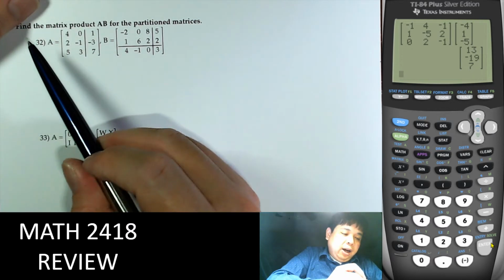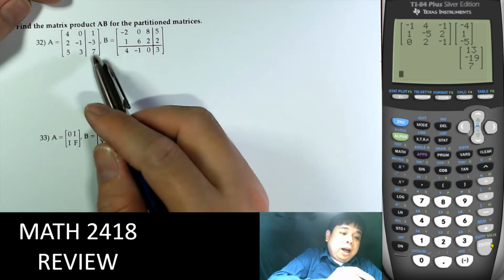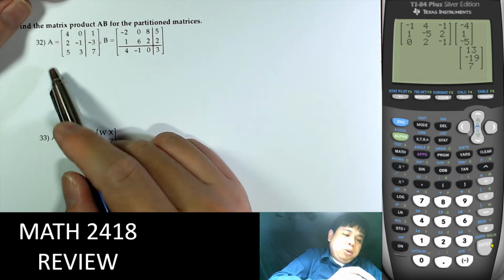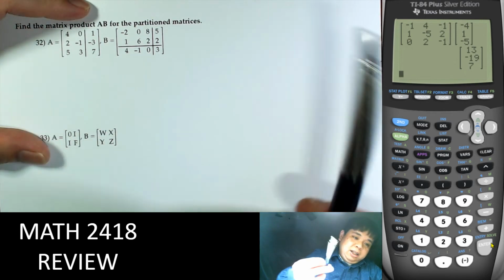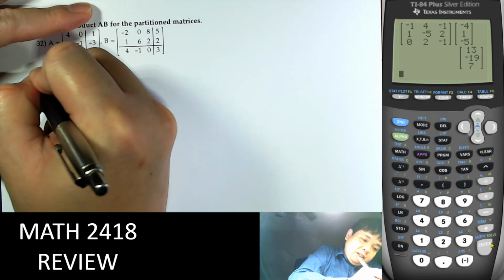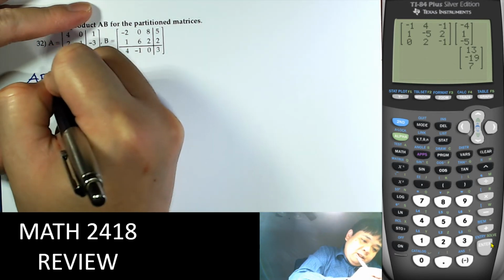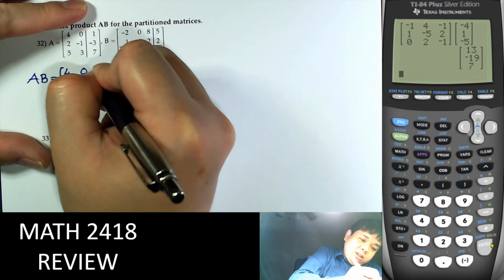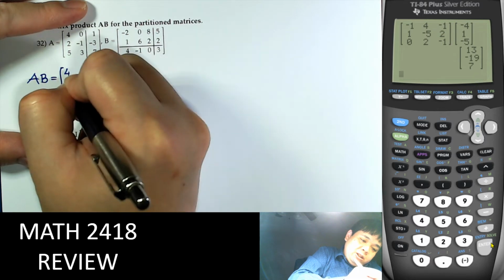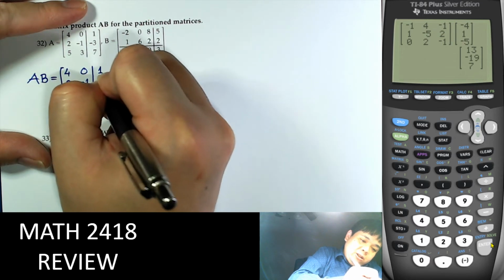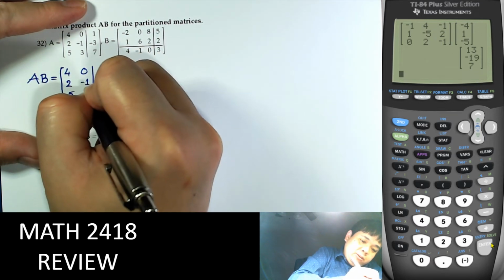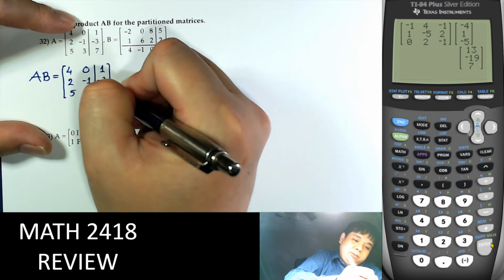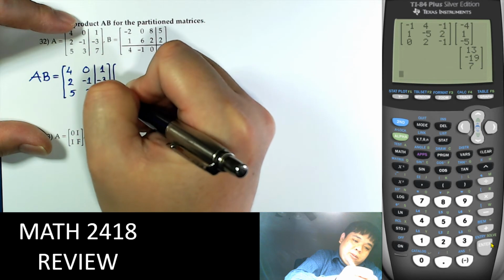Next, find the matrix product A times B for the partitioned matrix. So pretty much we'll just take A times B, but this time it is in block matrix form. In the block, 1 row, 2 columns.